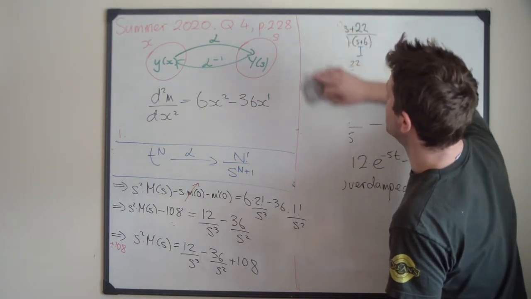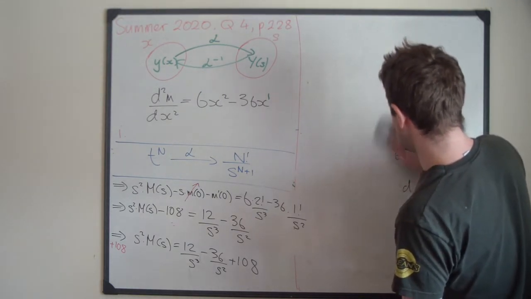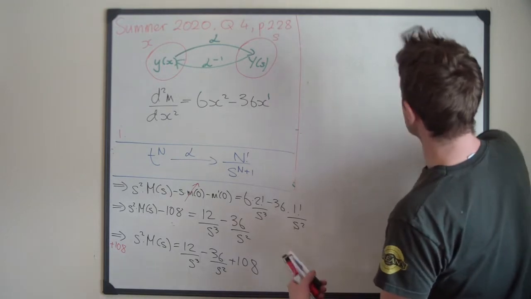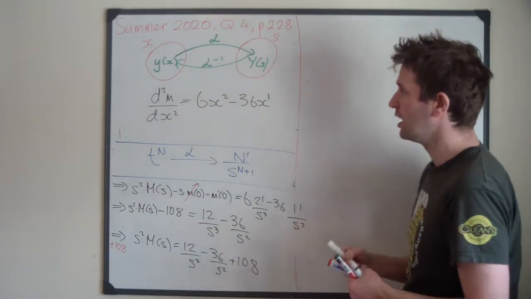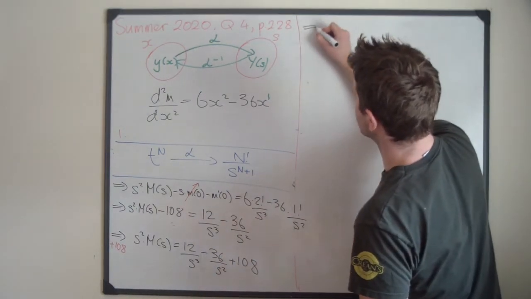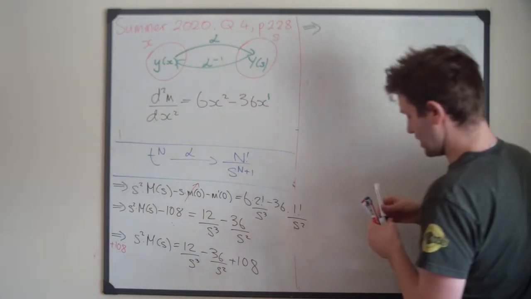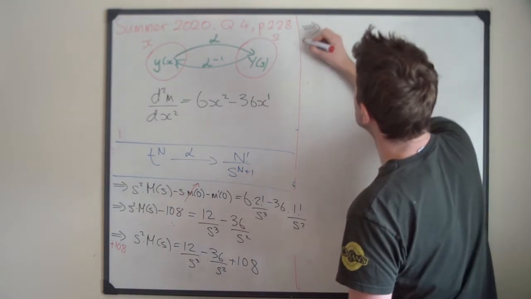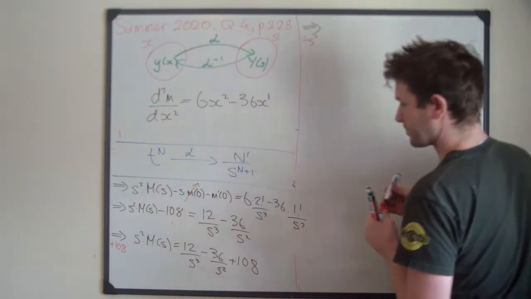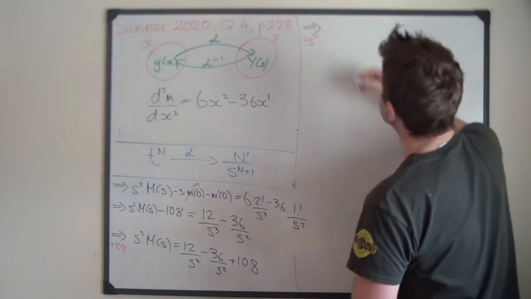We must divide both sides by s squared, and this is probably the third place where this is a little bit tricky, to make up for the parts A and B, which are a bit easy. So dividing both sides by s squared, you have big M of s here.